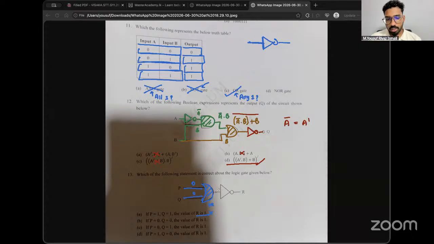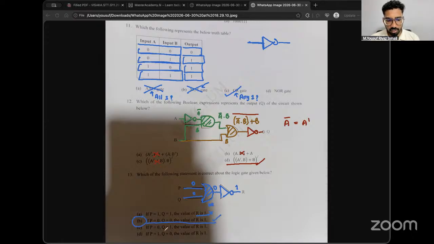No. So no is represented using 0. Now when the 0 goes to the NOT gate, 0 will become 1. So based on that, is the second statement correct? Yes. So the answer is the second one.